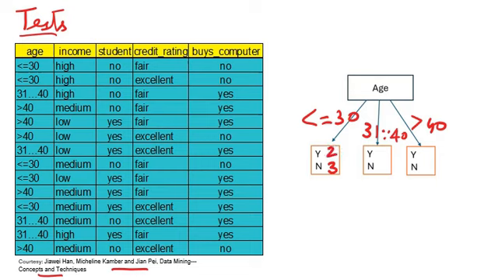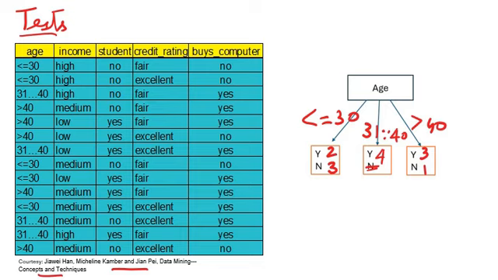Between 31 to 40 we have 4 yeses and no no's. And for greater than 40 we have 3 yes and 1 no.